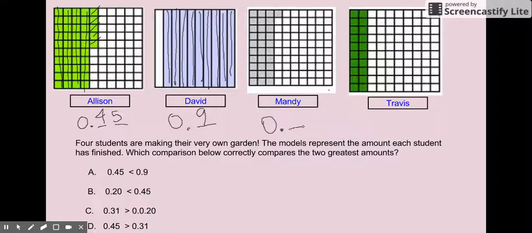There's no whole numbers, so let's make ourselves two place values for hundredths. I see 10, 20, 30, 31 hundredths. And last but not least, this is also in the hundredths place with no whole numbers, so 0, decimal, and then two place values for the tenths and the hundredths. Let's count. 10, 20.